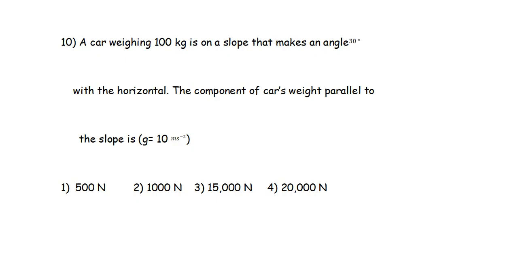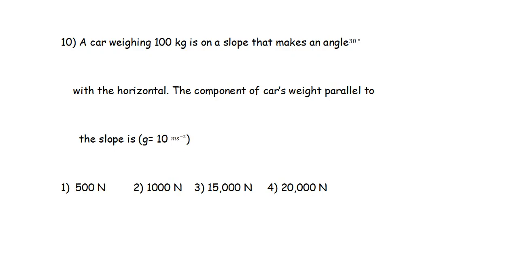So, here the problem given is a car weighing 100 kg on a slope that makes an angle 30 degrees with the horizontal. The component of car's weight parallel to the slope is, the value of g is given as 10 meter per second square.